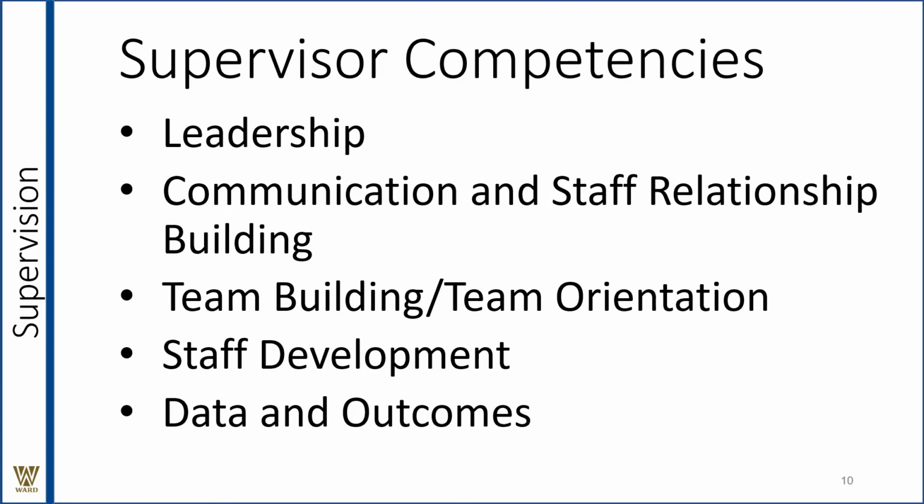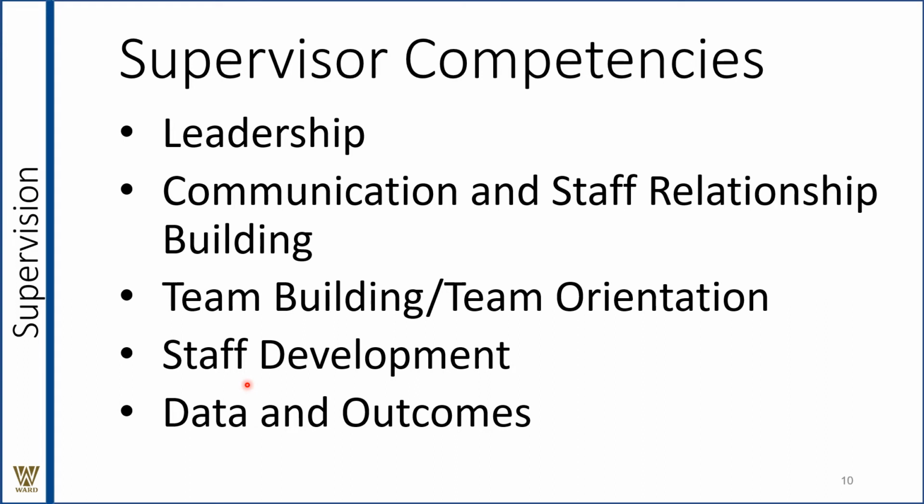Supervisor competencies are all about leadership, communication and staff relationship building, team building and team orientation, staff development, data and outcomes, as the case might be. So supervisor competencies, how do you come across this? Communication, staff relationship building, team building and team orientation. These are the competencies required for a supervisor for good people management skills.